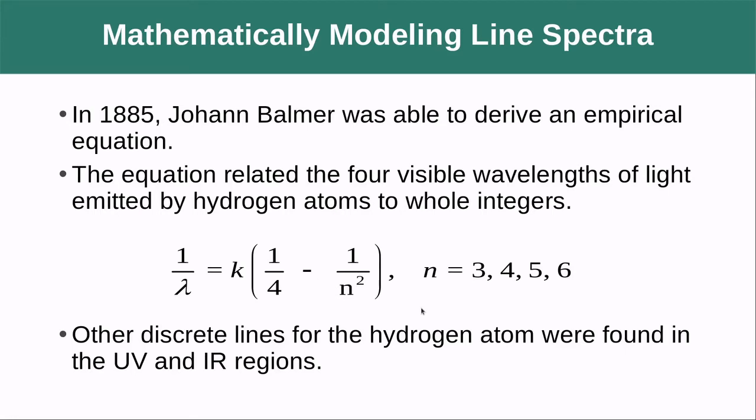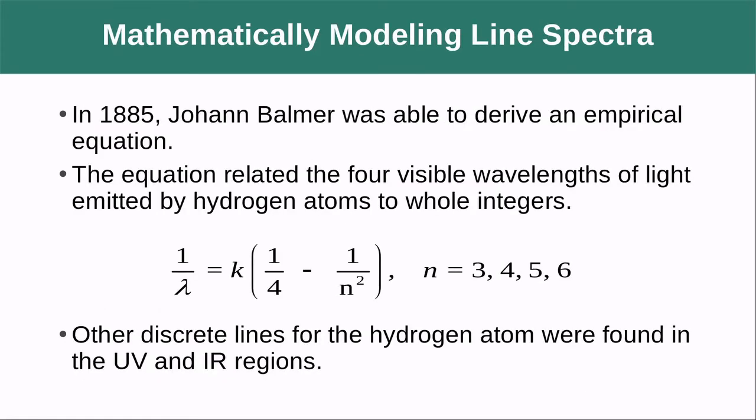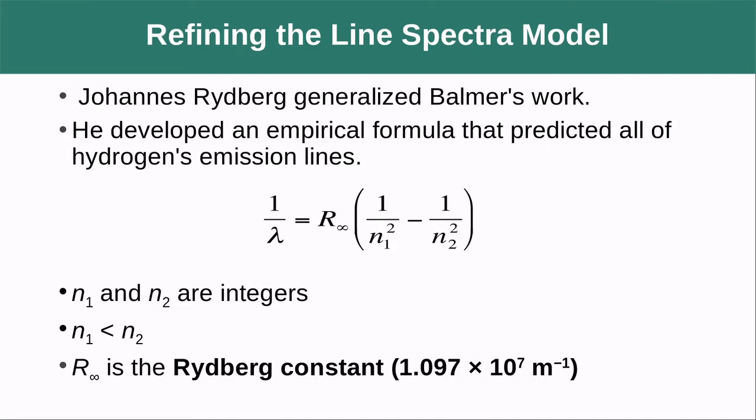Other discrete lines for hydrogen atoms were found in the UV and IR regions, and Balmer's equation didn't account for those. But a guy named Rydberg comes along, looks at Balmer's work, and develops an empirical formula that predicts all of the emission lines.